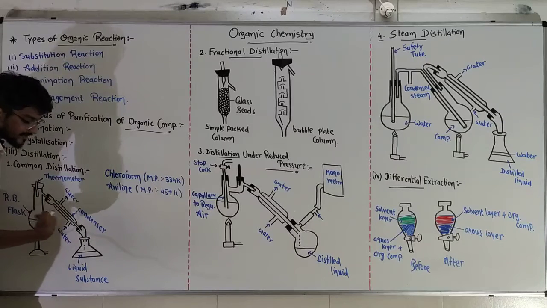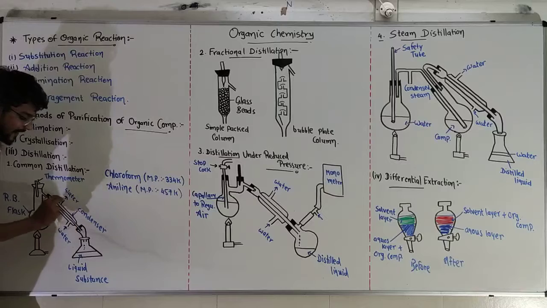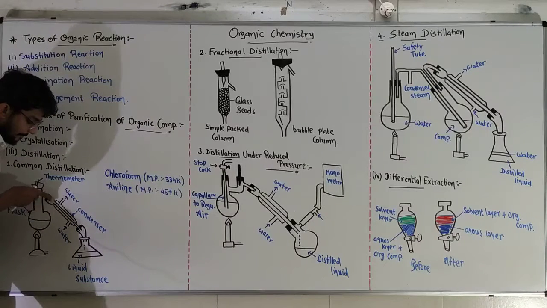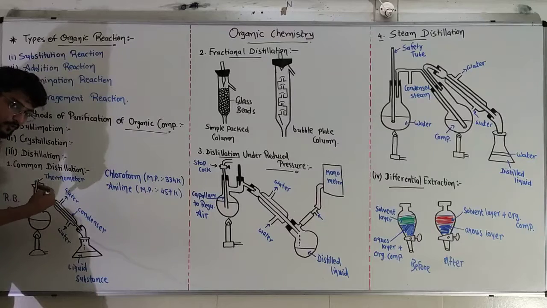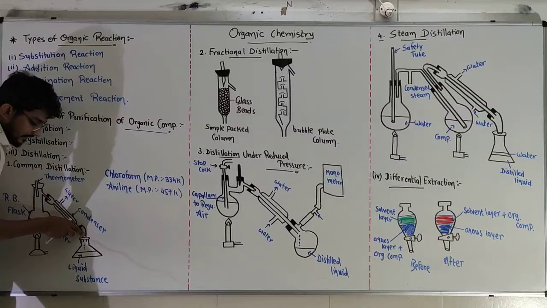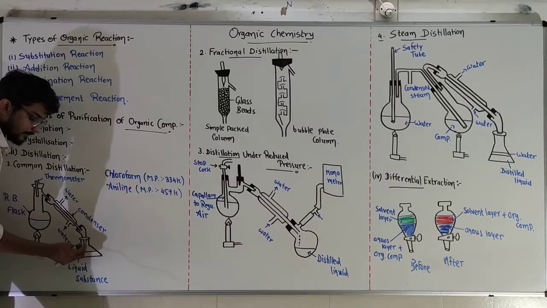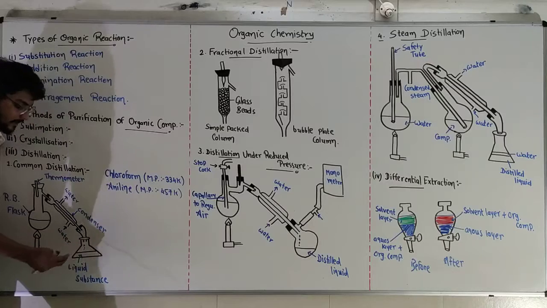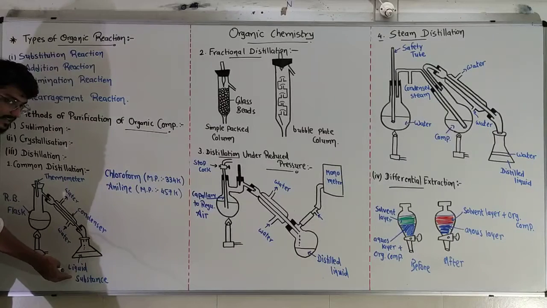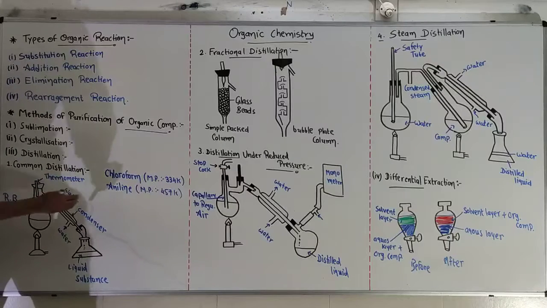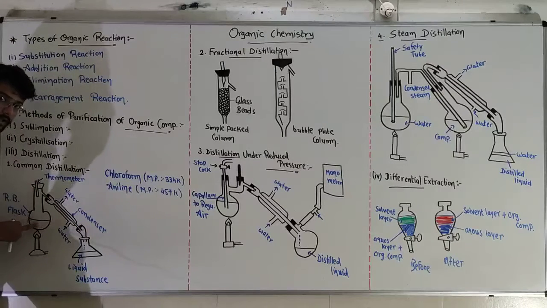It is around the glass pipe, so that glass pipe will be cooled down and chloroform vapor will also cool down, and when it comes into the other vessel it becomes liquid. That's why the liquid substance will be the chloroform, and aniline will remain over here.